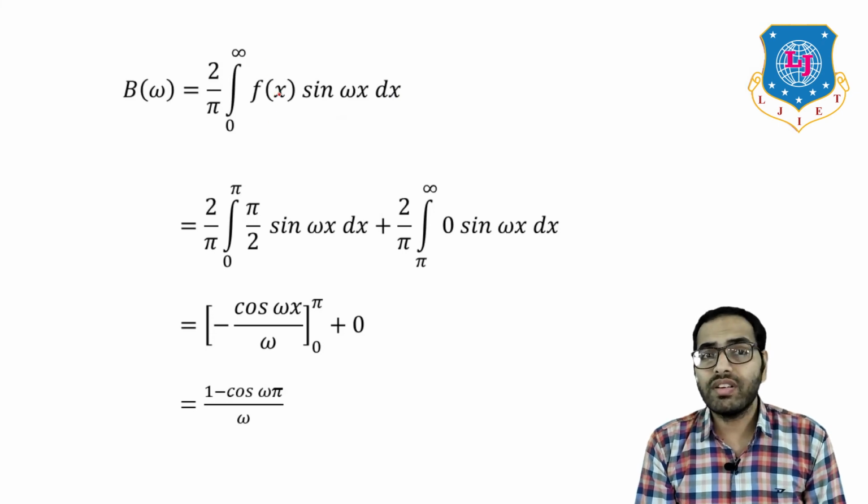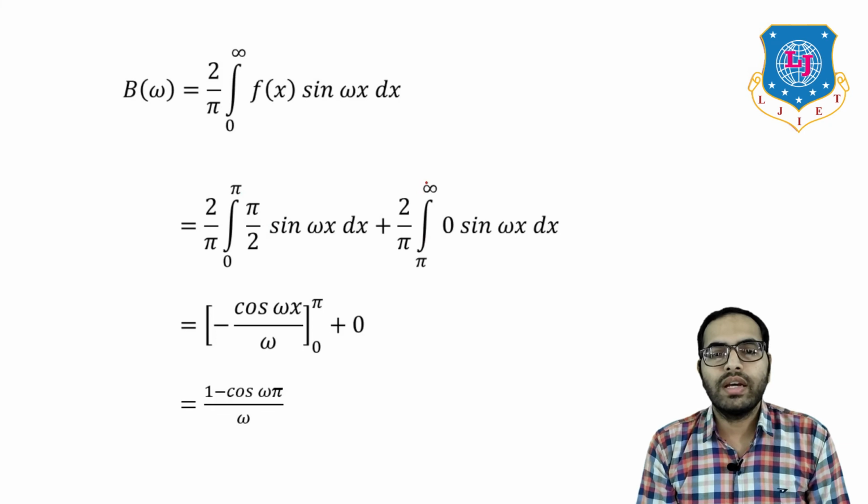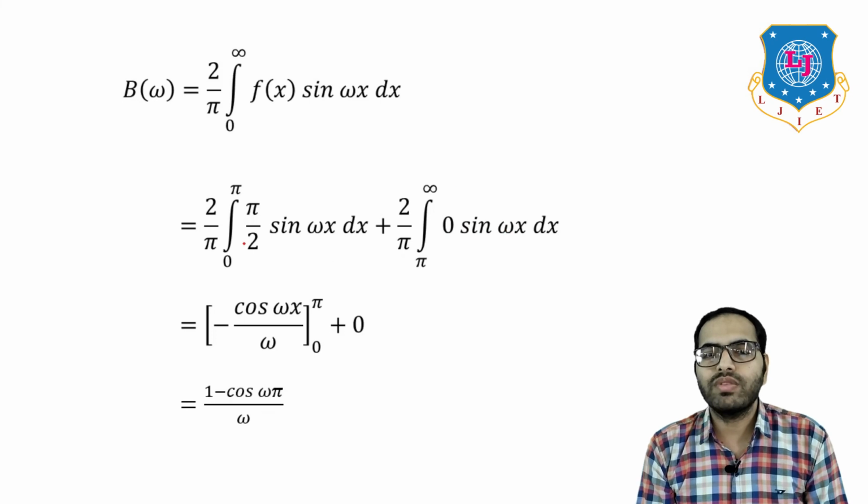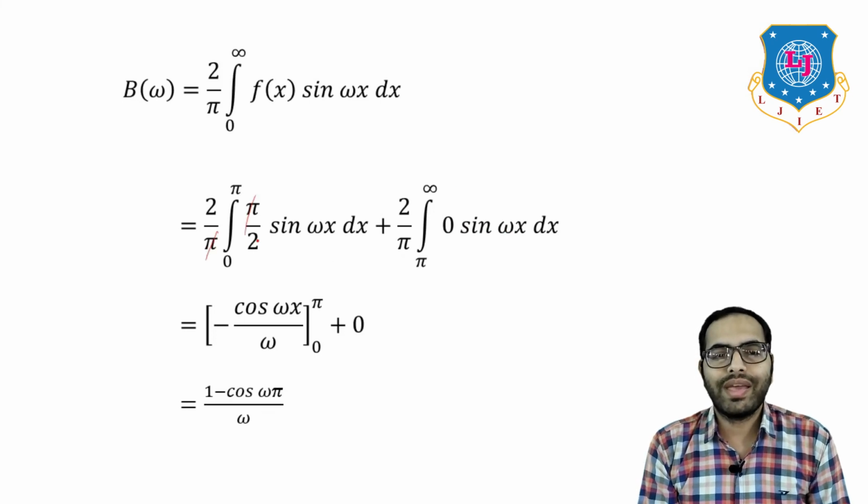Firstly, we split the limits: 2 by pi, integral 0 to pi with the function having value pi by 2, and pi to infinity with the function having value 0. The second term is 0 into anything, which is 0, so the second term becomes 0. Then pi by 2 pi cancels out, 2 cancels out, and the integral becomes integral 0 to pi of sine omega x dx.